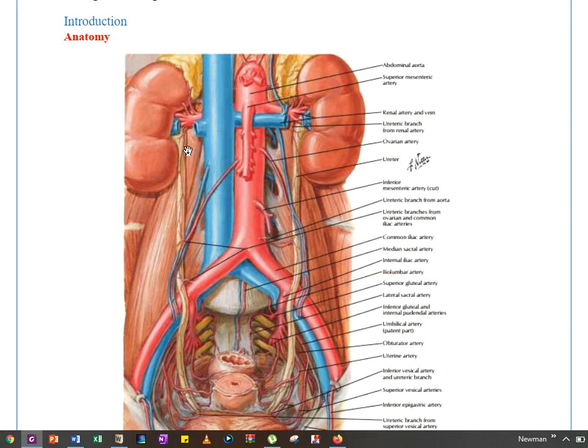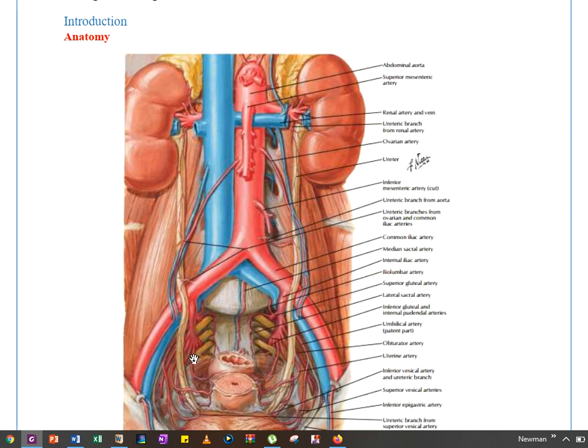The thing that I would like to mention on this image about the ureter is its blood supply. We have a proximal part of the ureter, a middle part, and a distal part. You can see that the blood supply of the proximal part of the ureter comes from the renal artery. The blood supply of the middle part comes from gonadal arteries, which may be the testicular artery or ovarian artery, and also from the common iliac vessels.